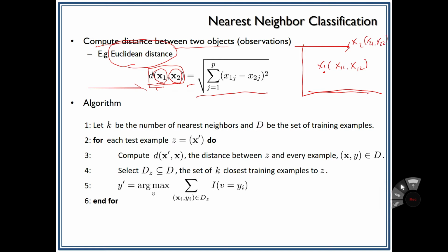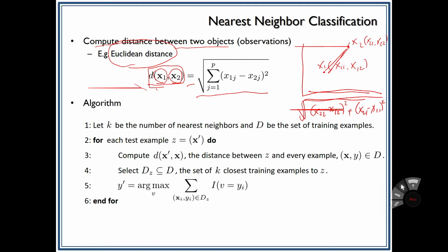Then the distance between these two points is computed by x2 2 minus x1 2 squared plus x2 1 minus x1 1 squared. This is the Euclidean distance, right?